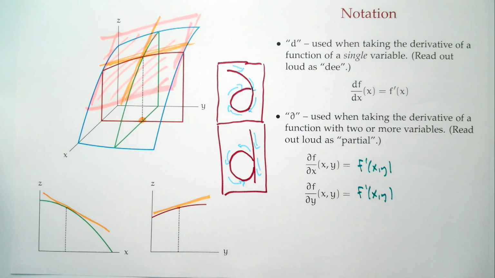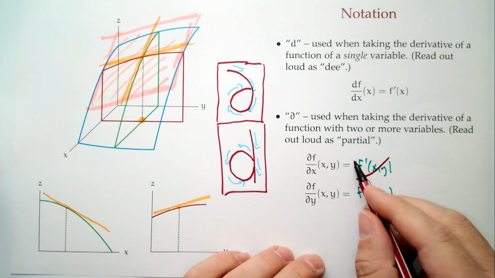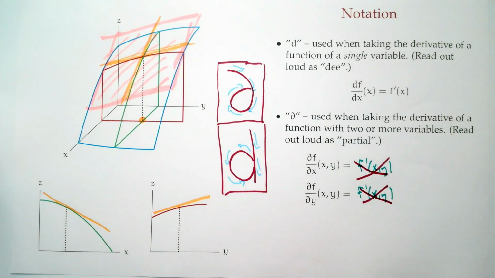And now we're like, what's our problem? See, the problem is the prime just indicates take a derivative. If you have a function of one variable, there's no real question about what derivative you took. But when you have a function of many variables, it loses its specificity. So we're like, nope, that's not going to work. That's not our notation that we're going to use.